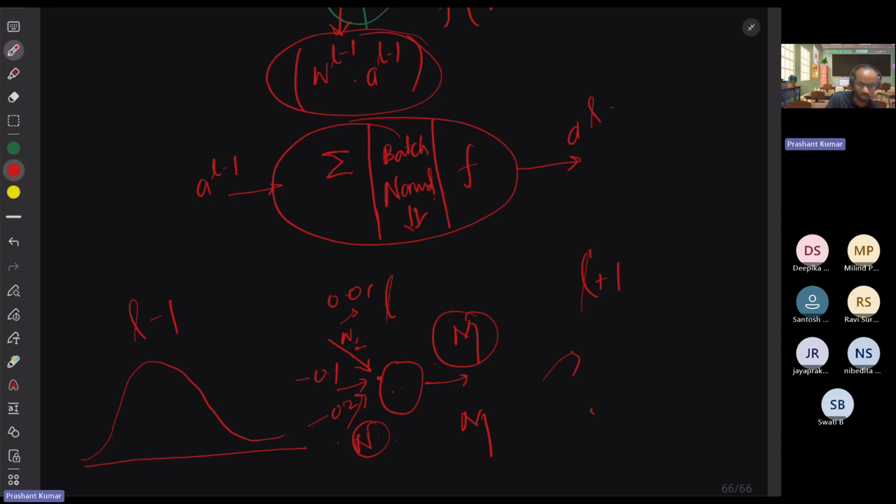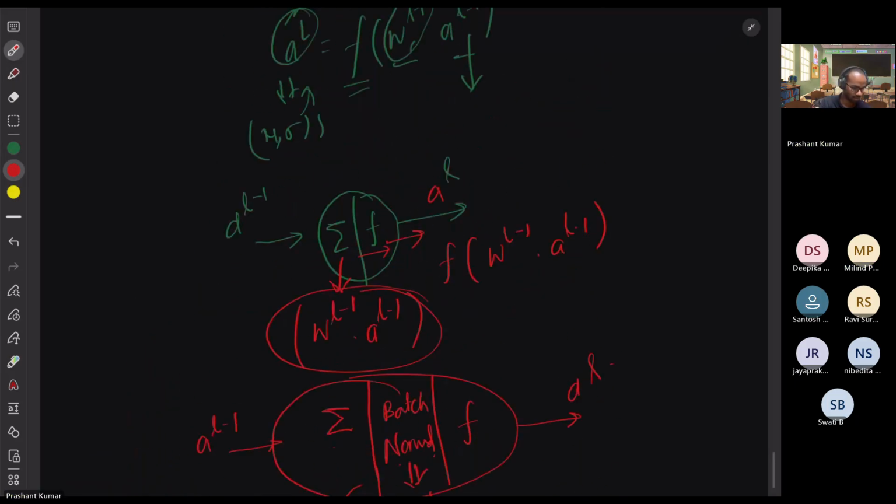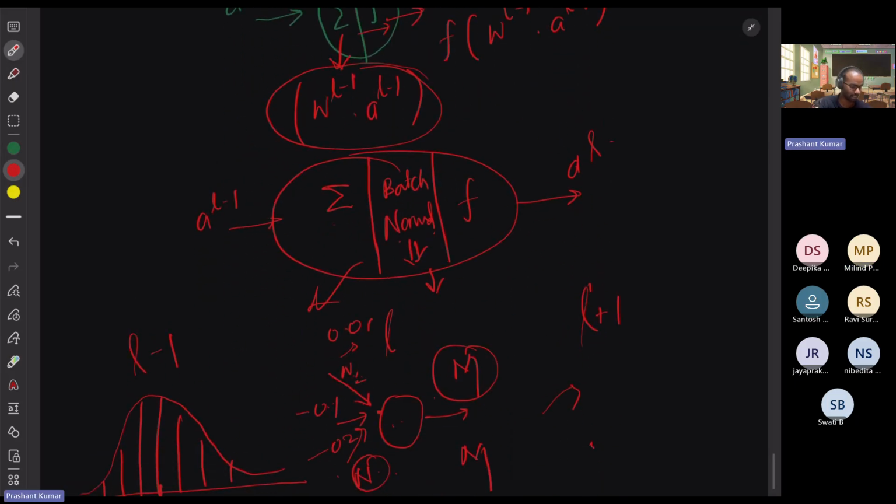This histogram will have this mu and this sigma, and we want to say that for each neuron, whatever the mu and sigma will be, it should not change after batch normalization, as we are training over it. So batch normalization acts in a way that this should stop changing over the epochs. So this is what batch normalization looks like.